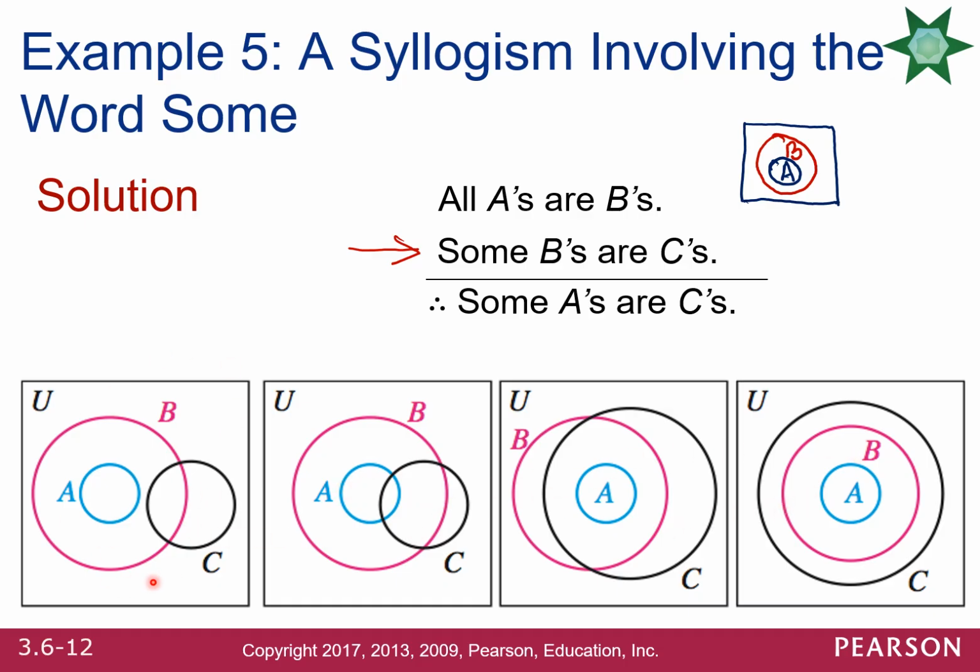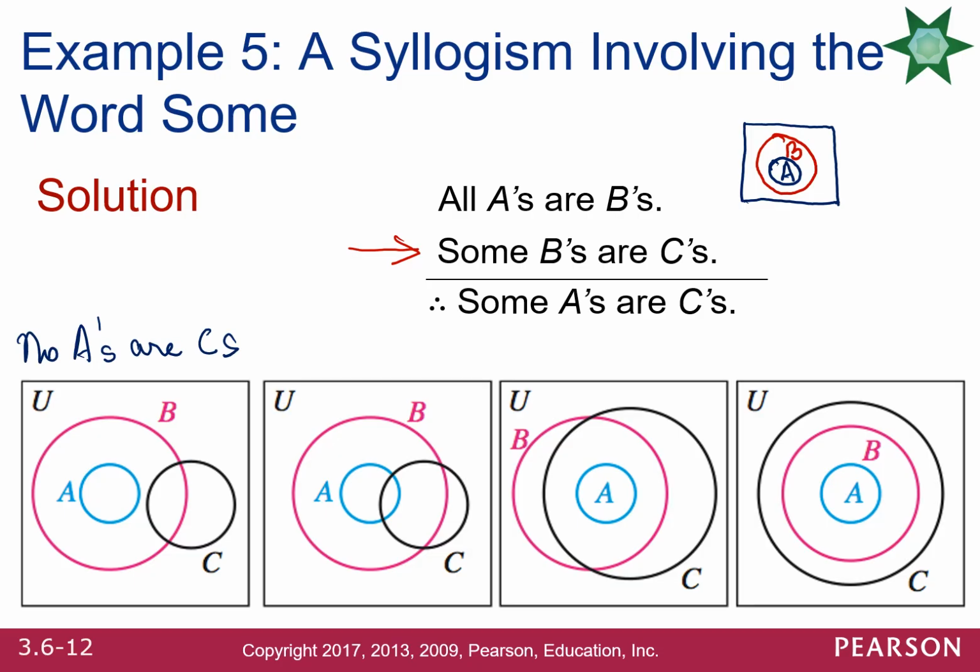So in the first case, we see that the circle C is intersecting with the circle B. So yes, some B's are also a part of C. However, the circle of A's is completely detached from the circle C. That means A has nothing to do with the circle C. Correct? So what this is saying is no A's are C's.